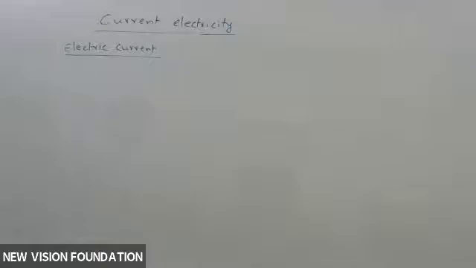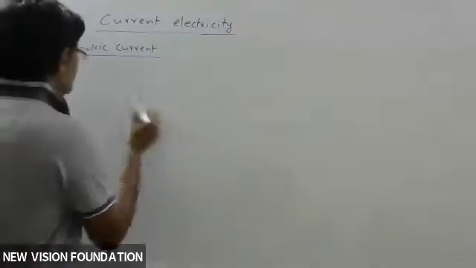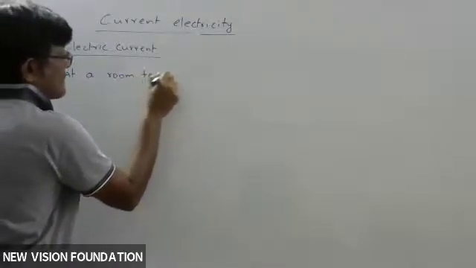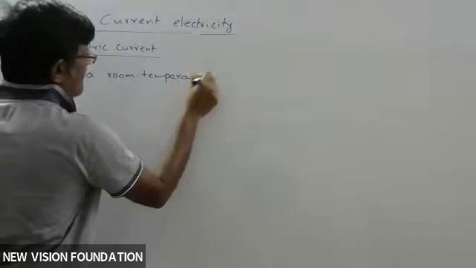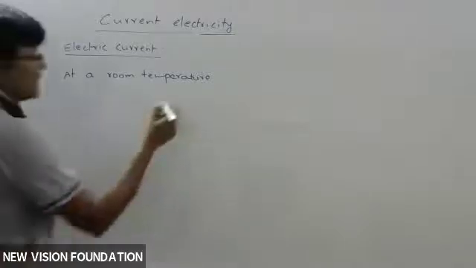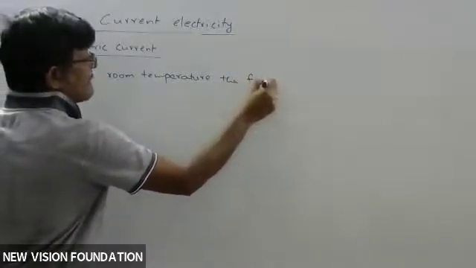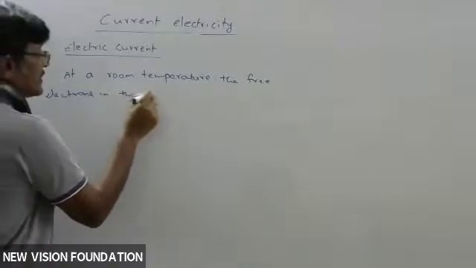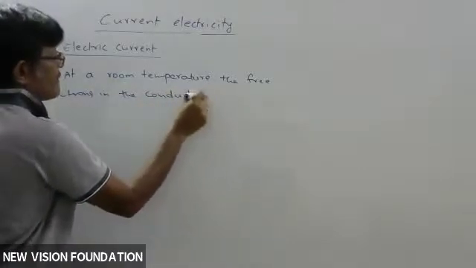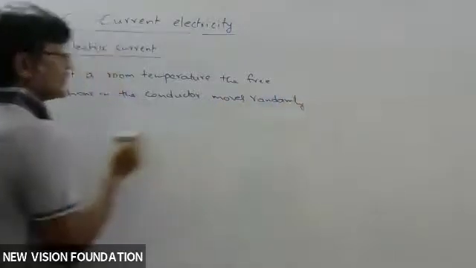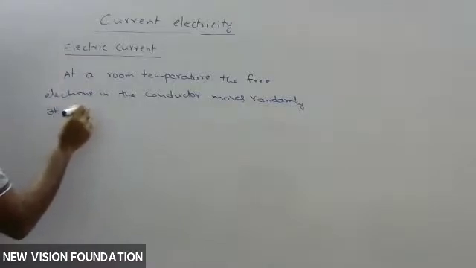At room temperature, the free electrons in a conductor move randomly with speeds of the order of 10⁵ meters per second.